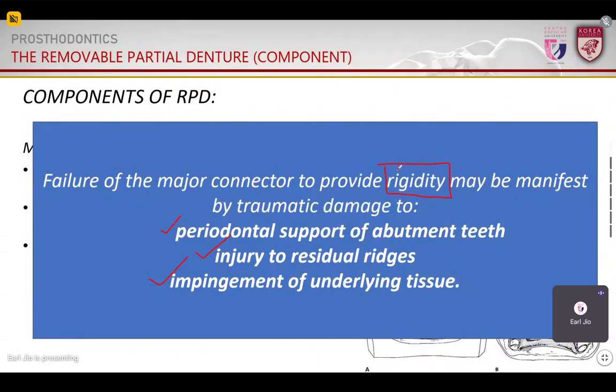Okay? Yan ang pinaka-importante. Dapat ang material na gagamitin natin sa major connector natin, if we wanted a cross-arch stability, dapat rigid siya or anything na matigas. So ideally, the material of choice would be a chromium cobalt one-piece casting. Okay?